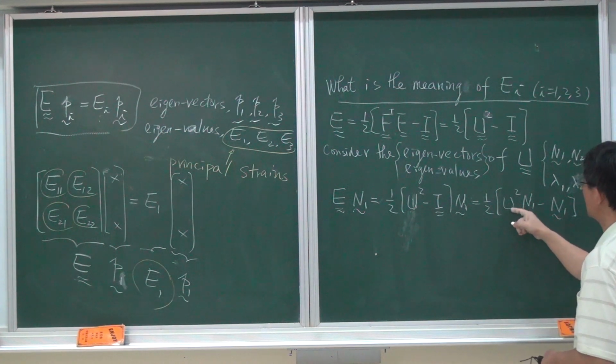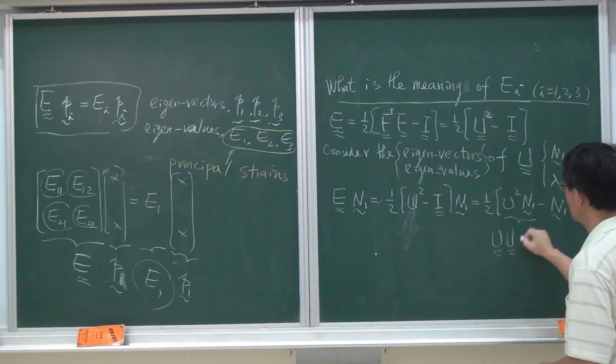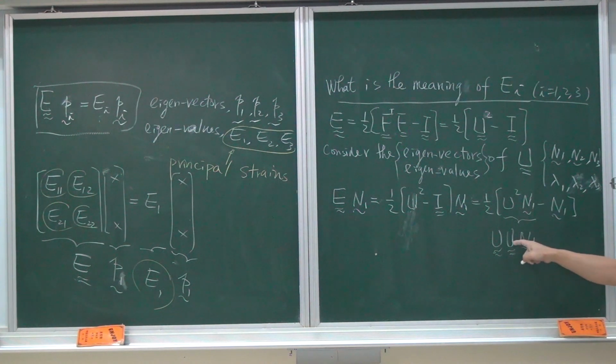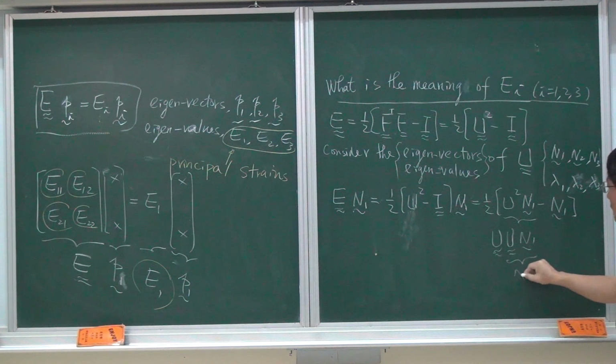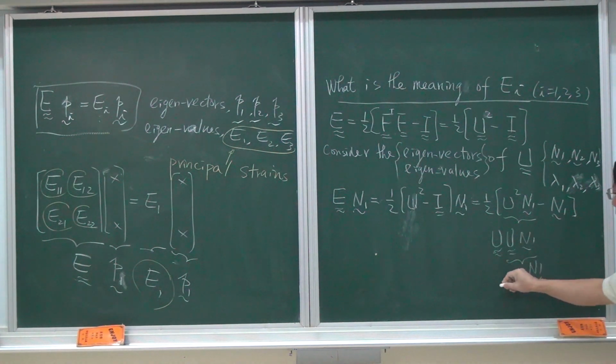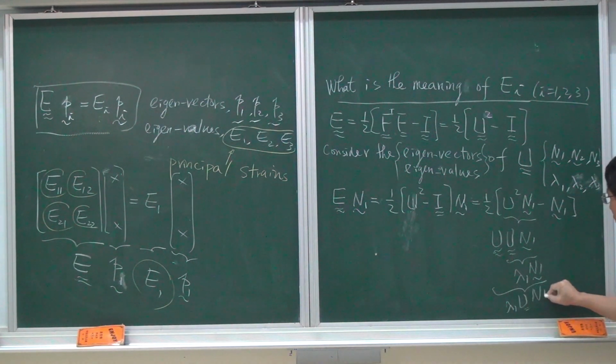So this one is U N1, but N1 is the eigenvector of U, so it will equal lambda 1 N1. Okay, this is the definition of the eigenvectors, and this square can be taken out, and then you multiply this to this again, and then you have lambda 1 N1.